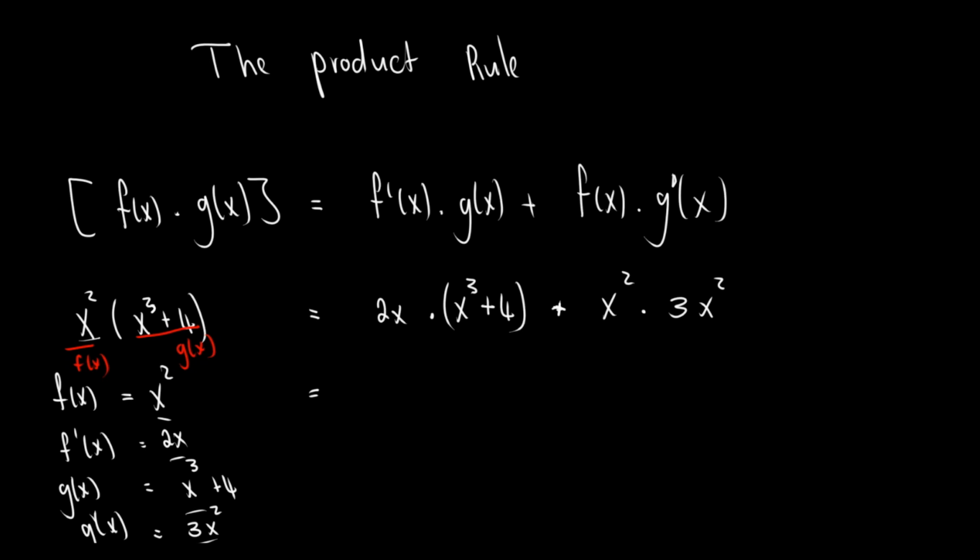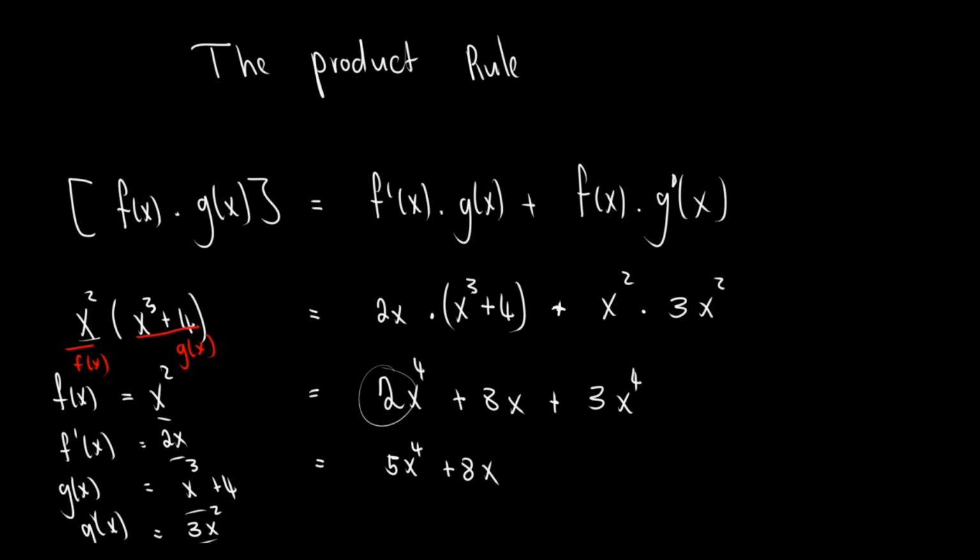Well, 2x multiply x cubed is 2x to the 4th plus 8x, and I can add this with 3x to the 4th. That will give me 5x to the 4th plus 8x.